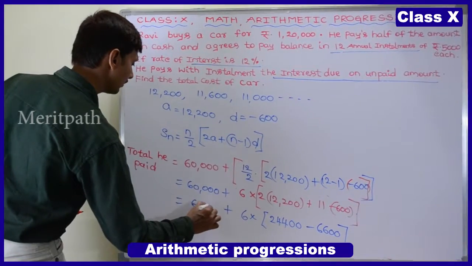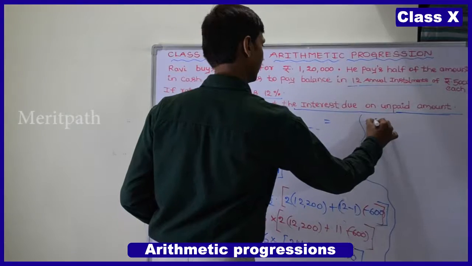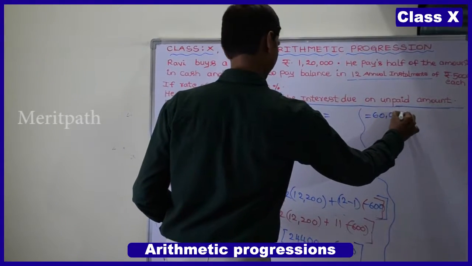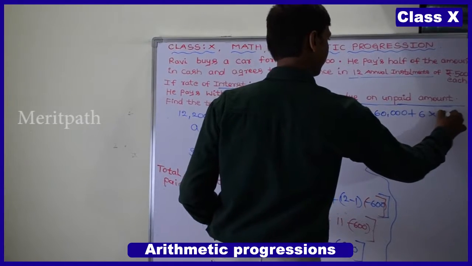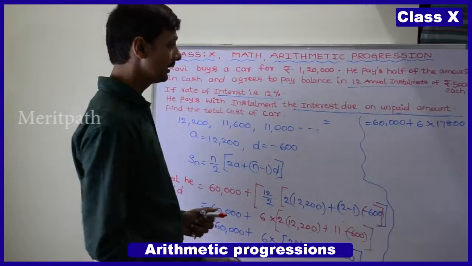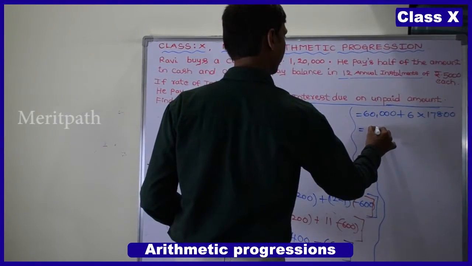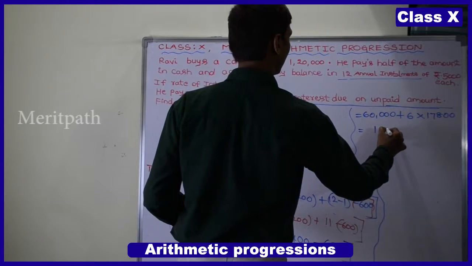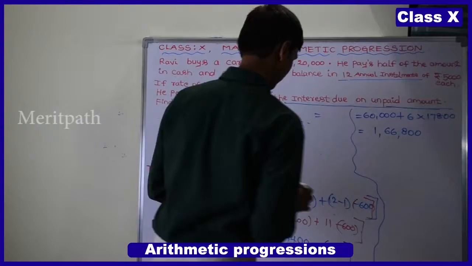Here is the 60,000 plus 6 into 17,800. After simplification, we'll be getting 1,66,800.